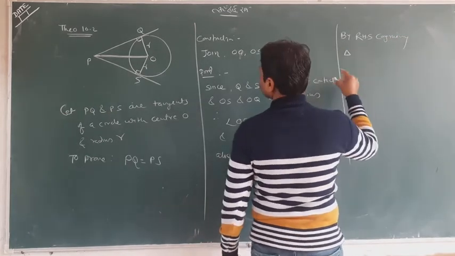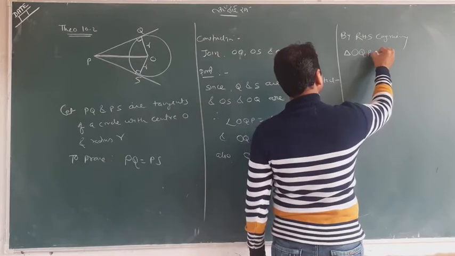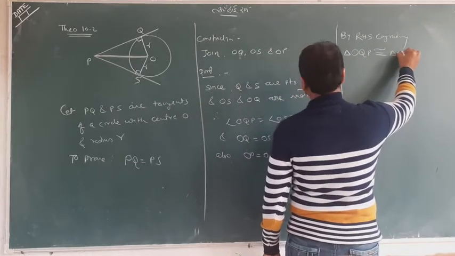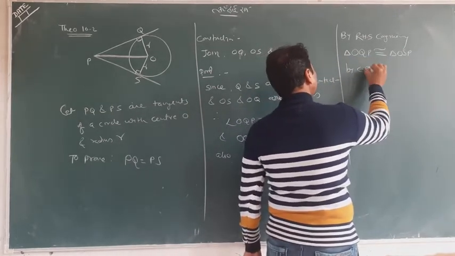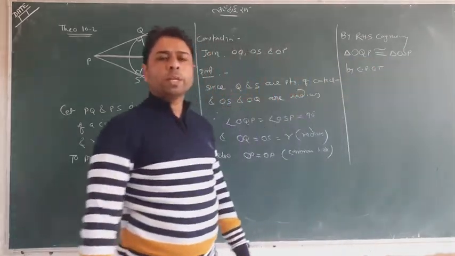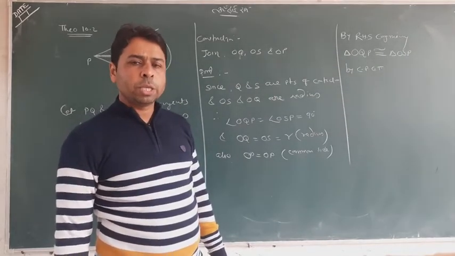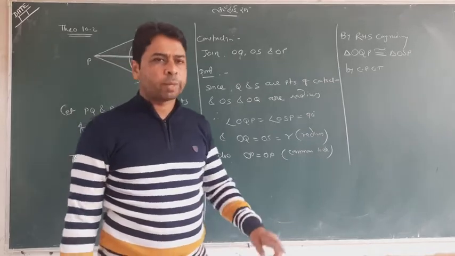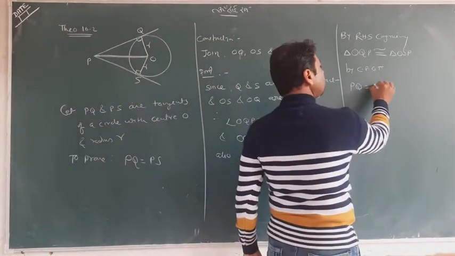Triangle OQP is congruent to triangle OSP, and by CPCT, a very famous word, corresponding parts of congruent triangles, one can prove what is required: PQ is equal to PS.